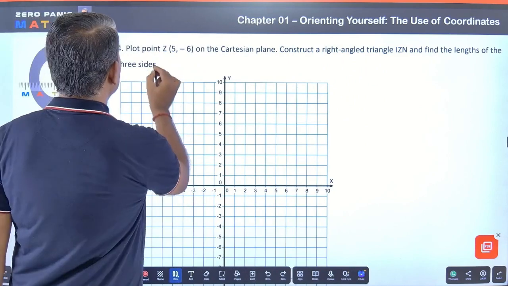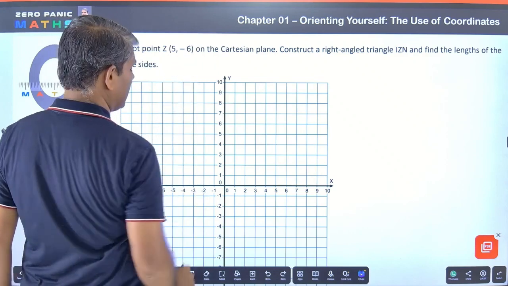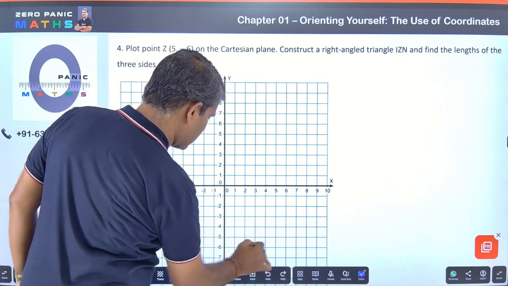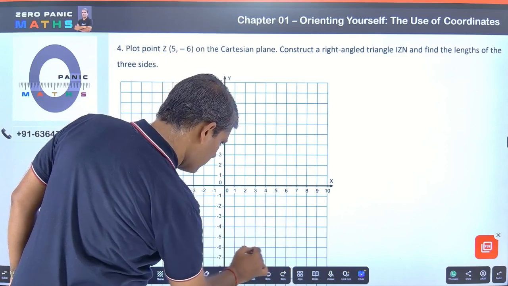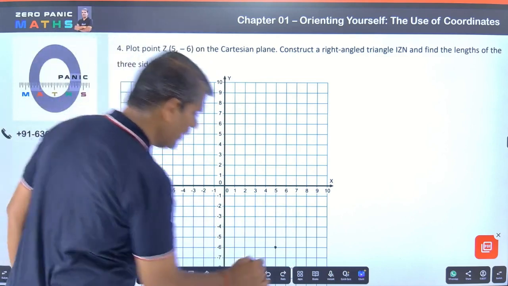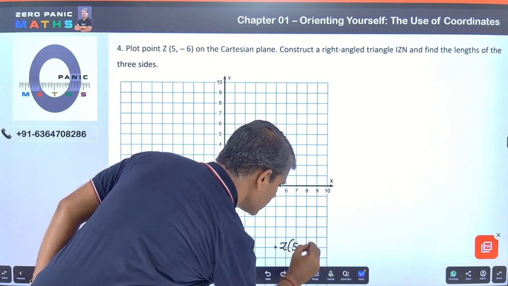Let us first plot the point Z (5, -6): 5 towards the x-axis and -6 towards the y-axis. So this is that point Z.